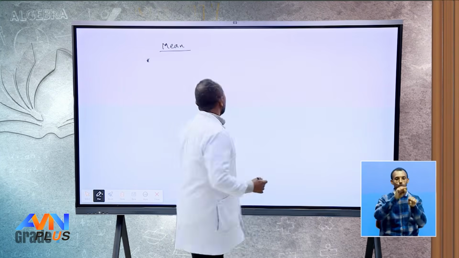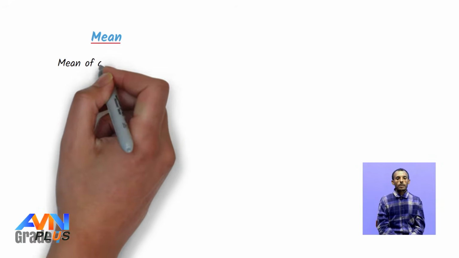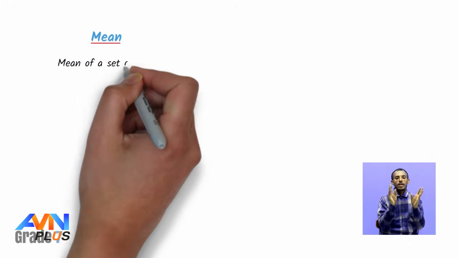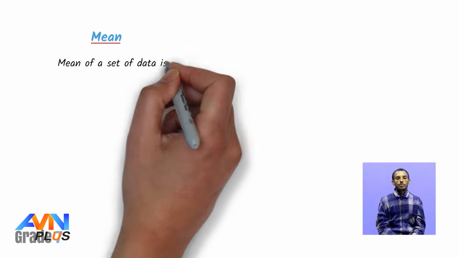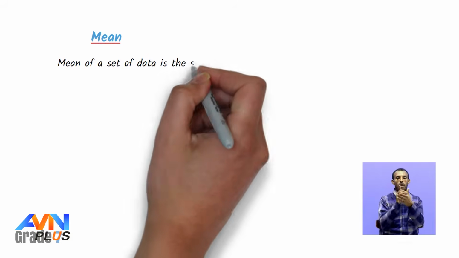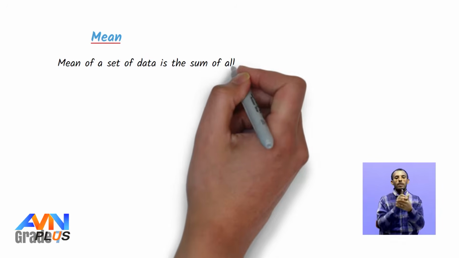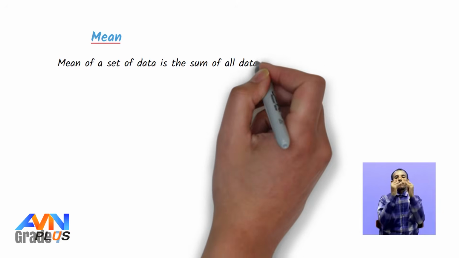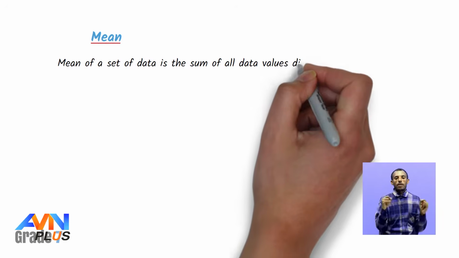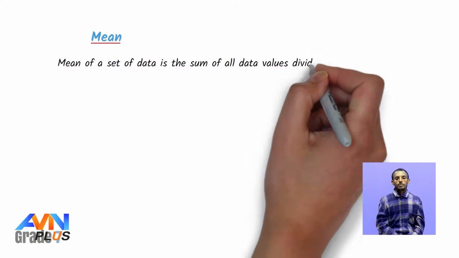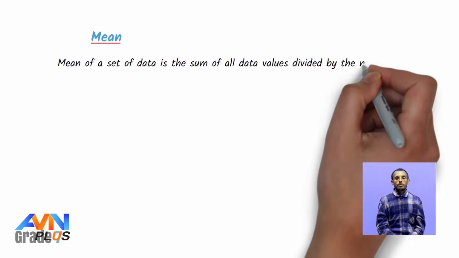So here, mean of a set of data is the sum of all data values divided by the number of data.